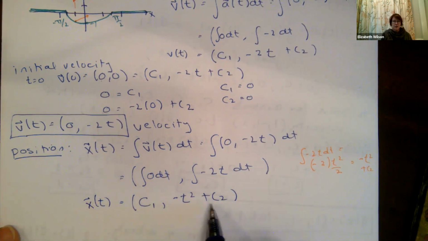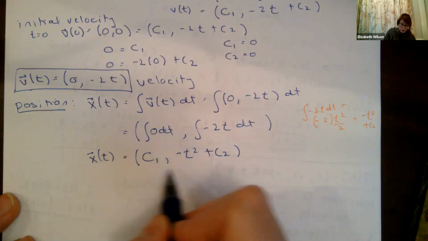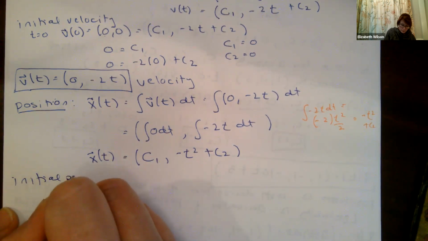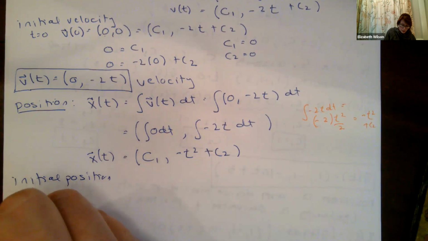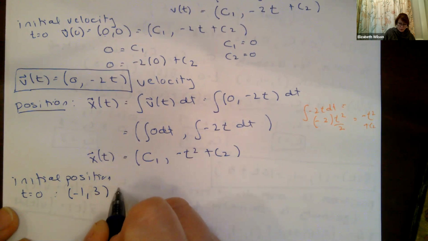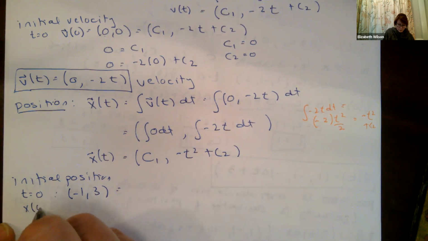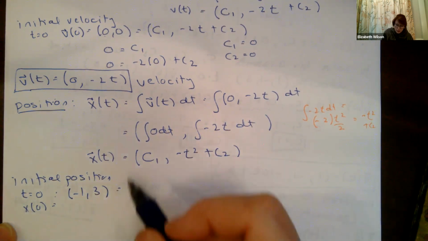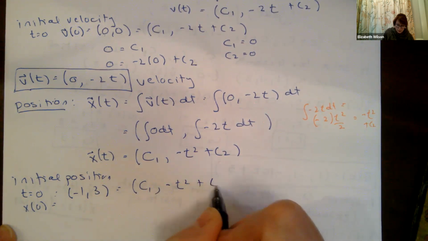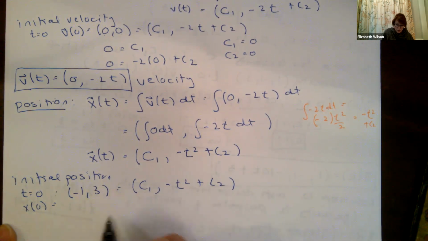Now I need to solve for C1 and C2. To do that, I have to use my initial position. So when t equals 0, my initial position was minus 1, 3. X of 0 equals minus 1, 3. So I can set that equal to C1, minus t squared plus C2. This t here is going to turn into 0. So let's set each one equal to my x.